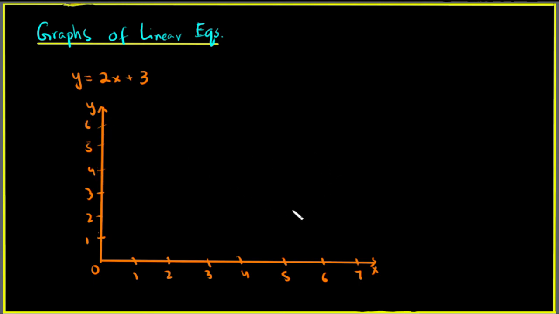So if we revisit that practice of plotting the graphs of linear equations, what we need to do is first make a table of values for y and x, and it can go something like this. You can put x equal to 0 and see what the value for y is.